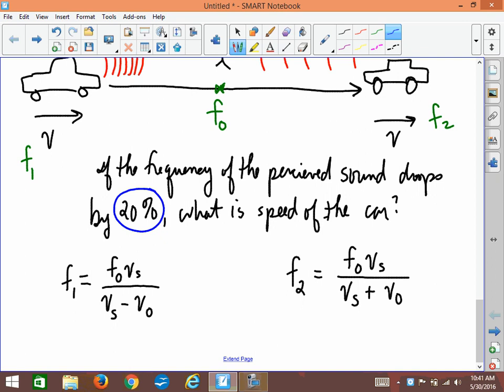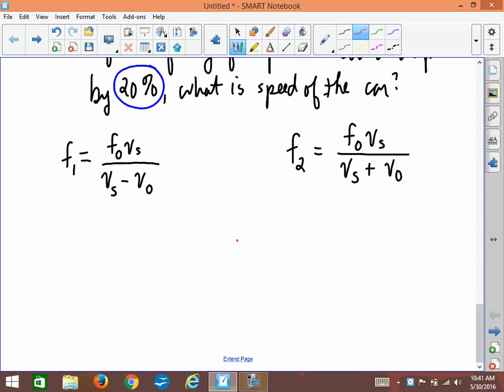So we need to come up with a way to say that the frequency after, F2, is only going to be 80% of the original frequency F1. And we can do that, I'll do it in a different color, like this. We can say that 0.8 of the original frequency, this is kind of like when we did the bouncing ball, right? Equals F2.